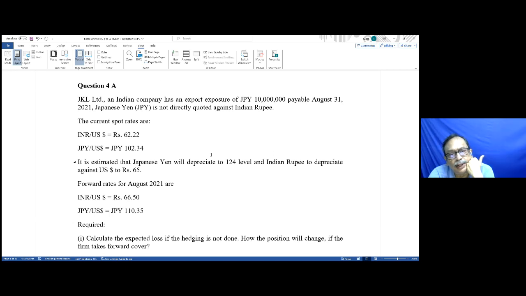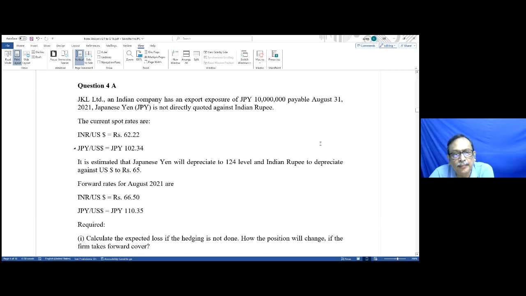The current spot rates, INR US dollar, is rupees 62.22 and JPY US dollar is equal to JPY 102.34.